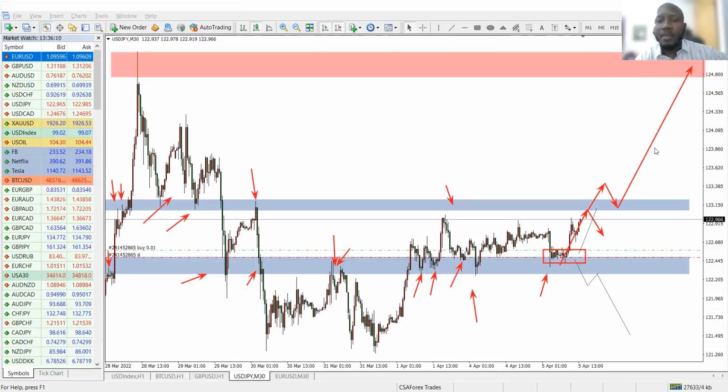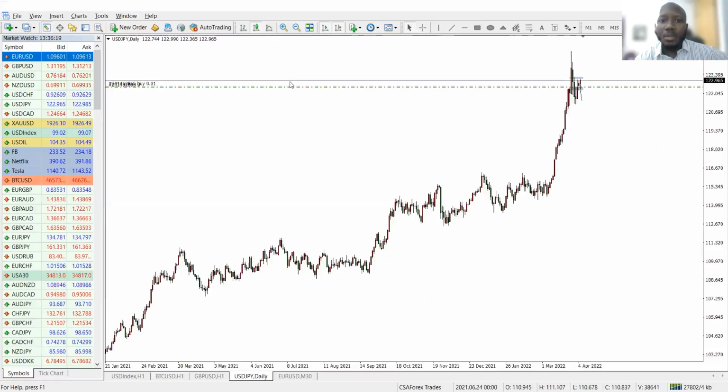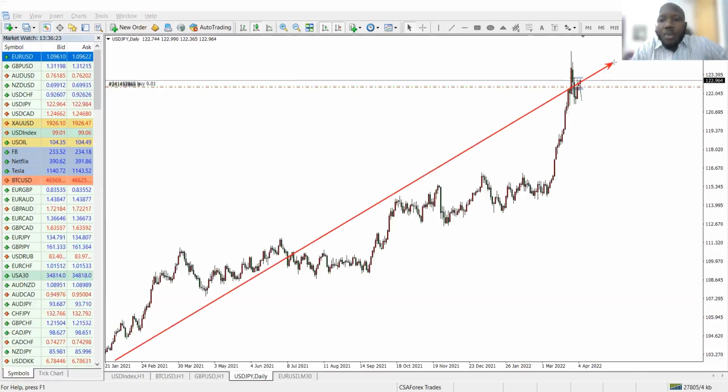I repeat, it's going to be my final take profit area based on this resistance. If we switch over to the daily time frame, you see that the daily time frame for a little while now has been to the upside. So why don't we follow it to the upside? The year thus far has also been bullish, and since January 2021 it has been bullish as well. This is the dollar yen.